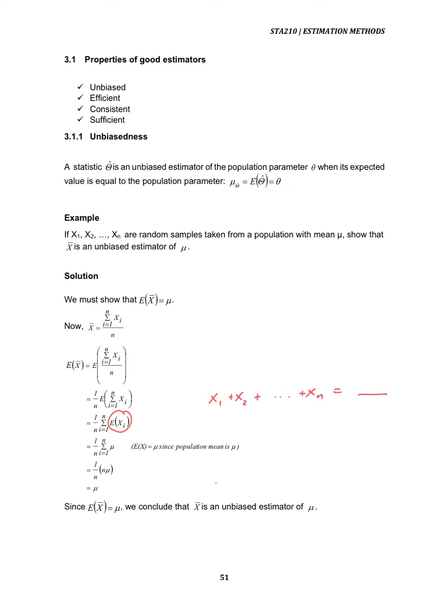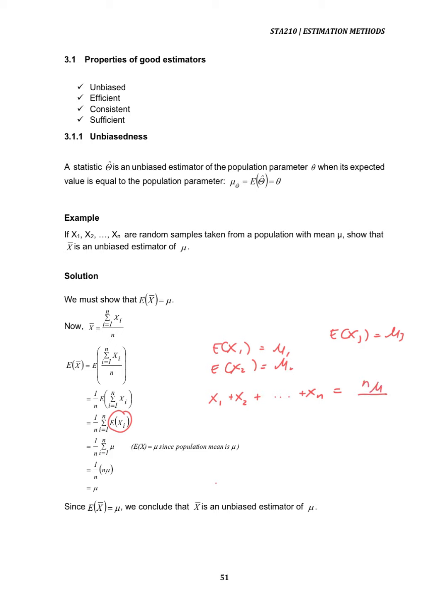Maksudnya macam ni. Expected value of x1, kita akan dapat mu1. Expected value of x2, kita akan dapat mu2. Expected value of x3, kita akan dapat mu3. So bila kita sumkan value dia, kita akan dapat n mu.